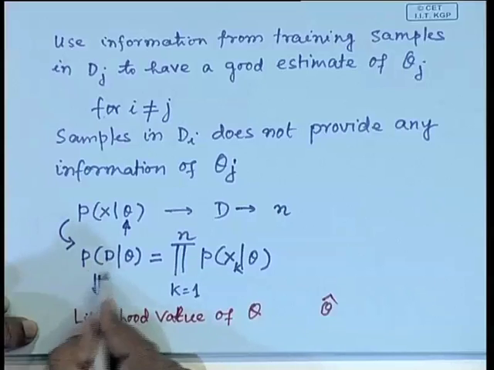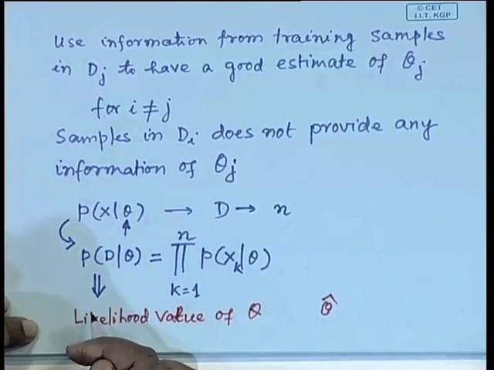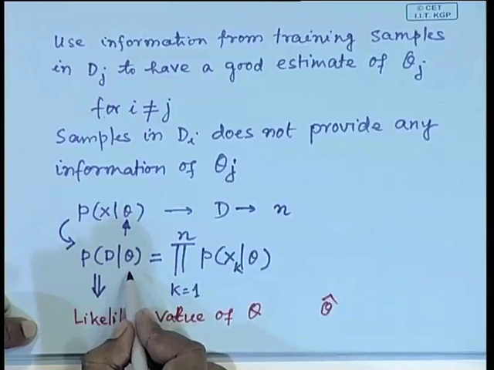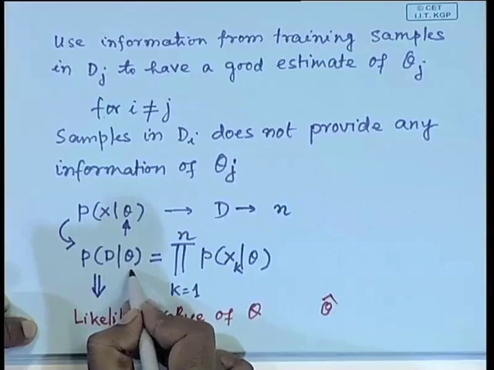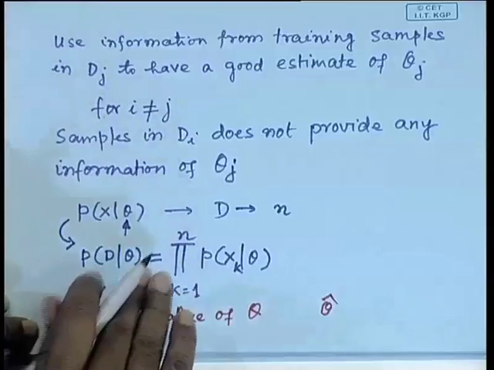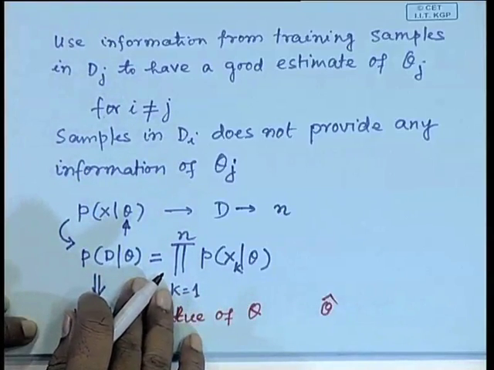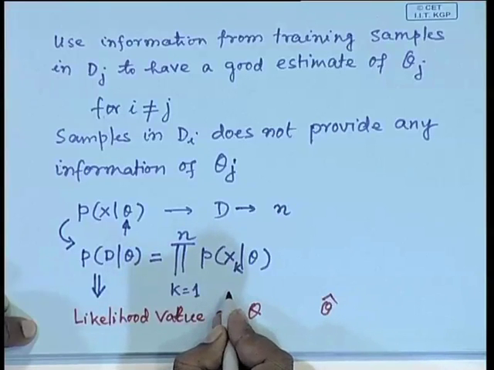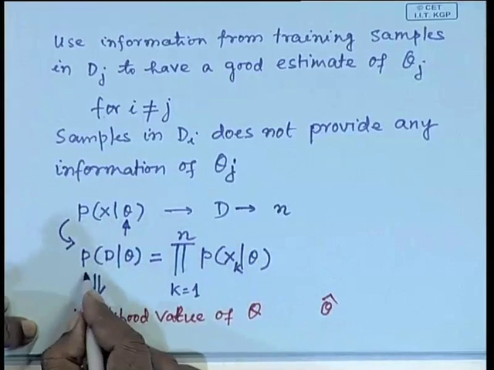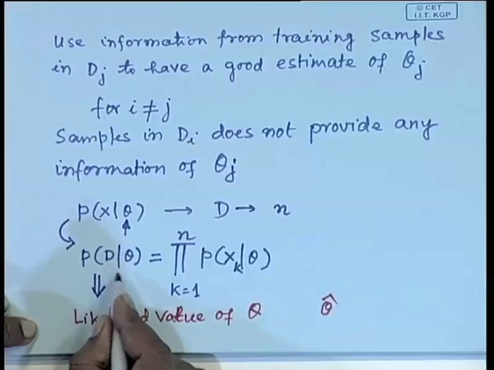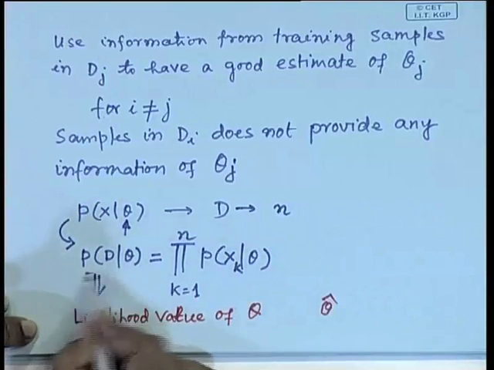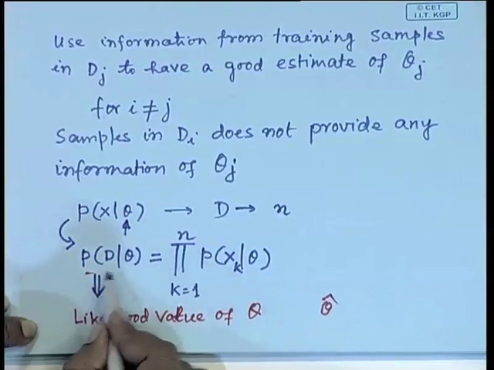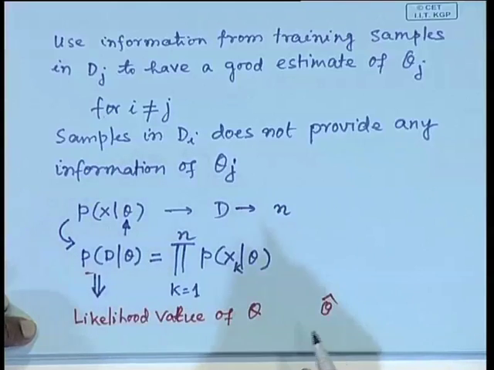This function will be maximized when the parameter vector theta best describes the probability density function or the distribution of the set of samples x k. The value theta hat which maximizes this likelihood value of theta is called the maximum likelihood estimate of the parameter vector theta.